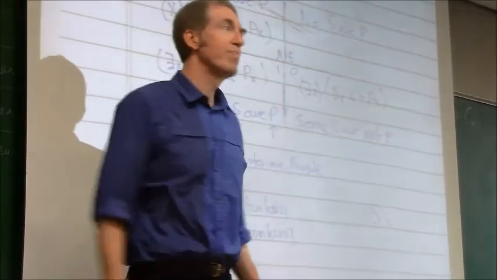Anybody know their names as parts of speech? They're different articles. One is the definite article, and the other one is the indefinite article. Which one is the definite article? The.